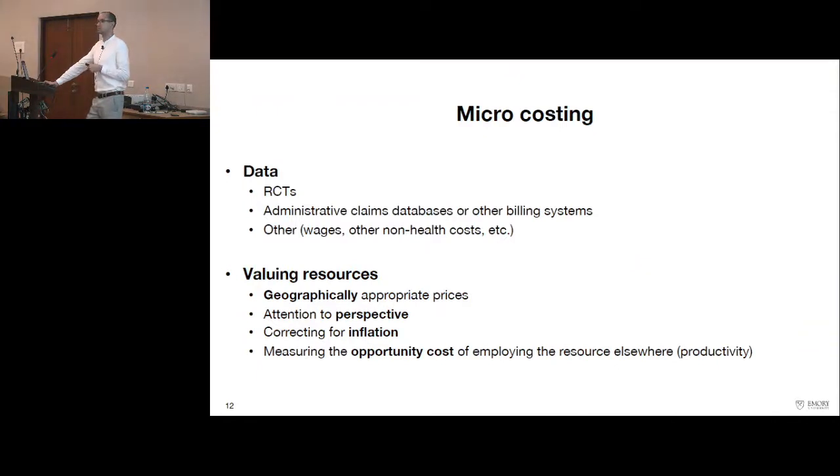Wages would be part of microcosting, so that can be found either from the HR department of your institution, or at least from some statistical office, to get a general sense of what, for example, nurses make per hour.